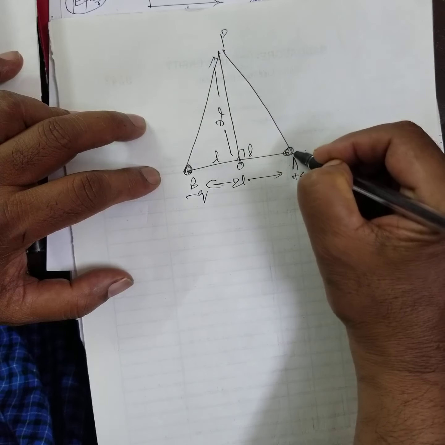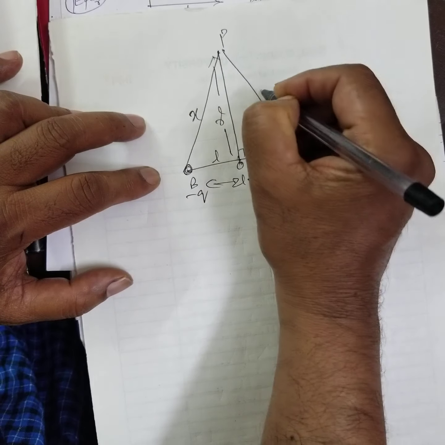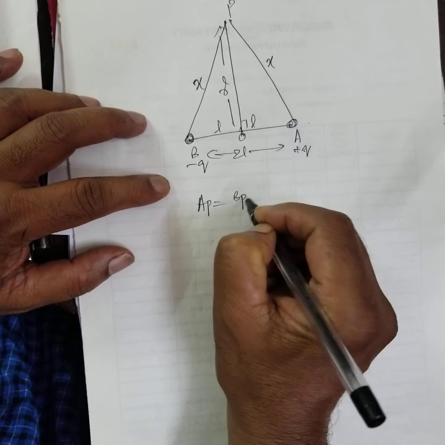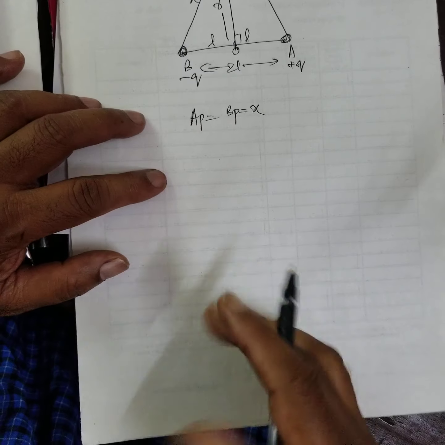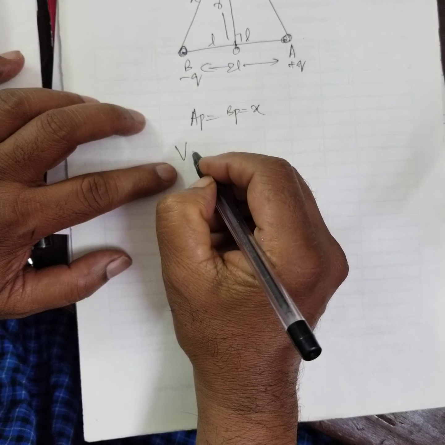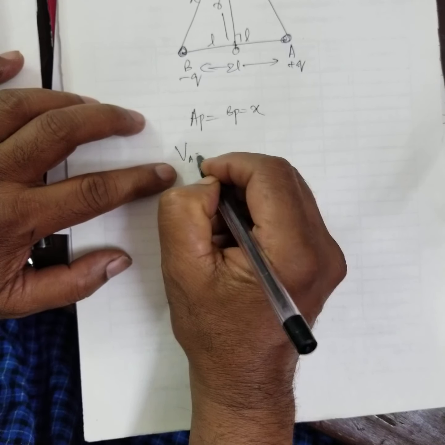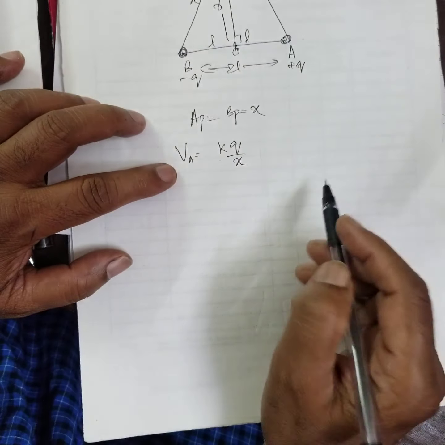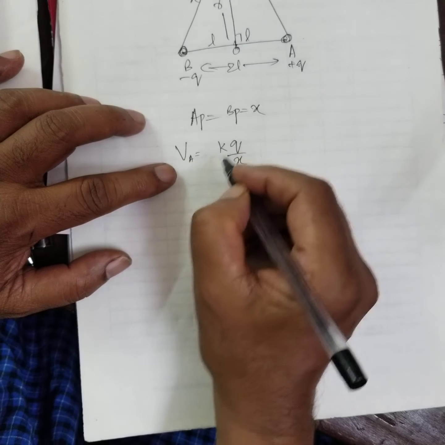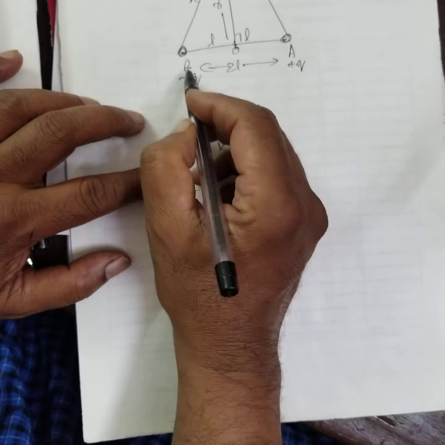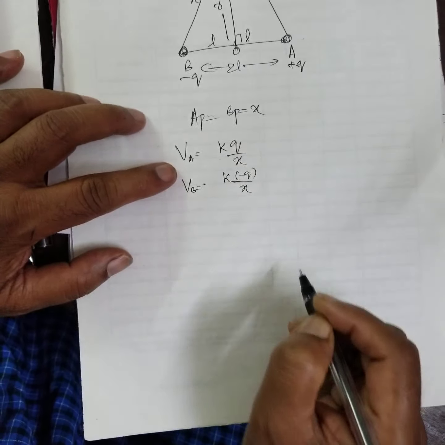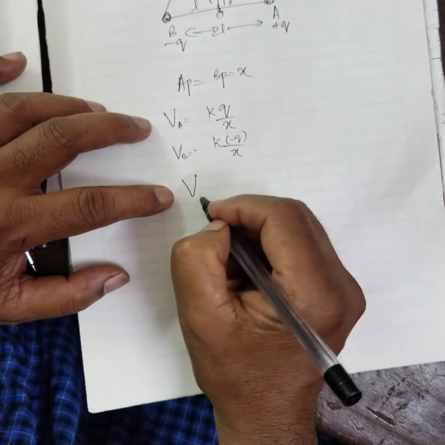Join these two. See, this is X, this is also X. AP is equal to BP is equal to X. The magnitude is the same. Therefore, potential due to the charge at A is K times Q by X, plus potential due to the charge at B is K times minus Q by X. What is the net potential at P?